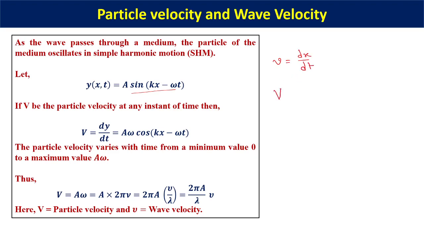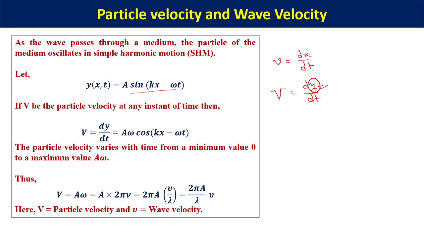Particle velocity, capital V, will be given by dy/dt, because y is the displacement of particles of the medium. So to know particle velocity, I must take the first order derivative with time of y.